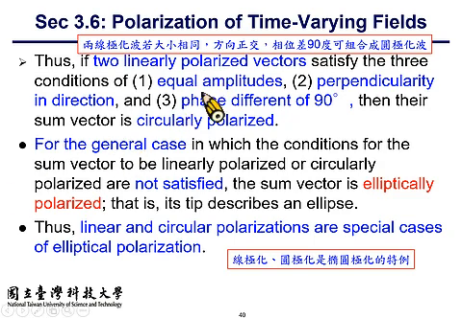For the general case, if one or some of the conditions above are not satisfied, then you always end up with the so-called elliptical polarization. That means the orientation of the total E field is still changing as time progresses, and its magnitude can vary as time changes.